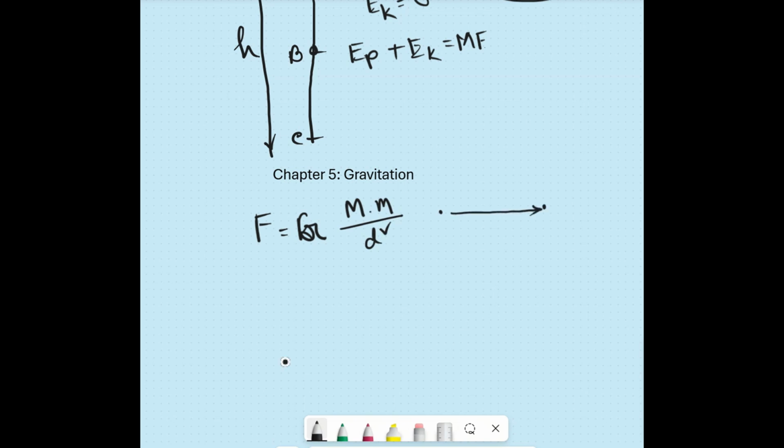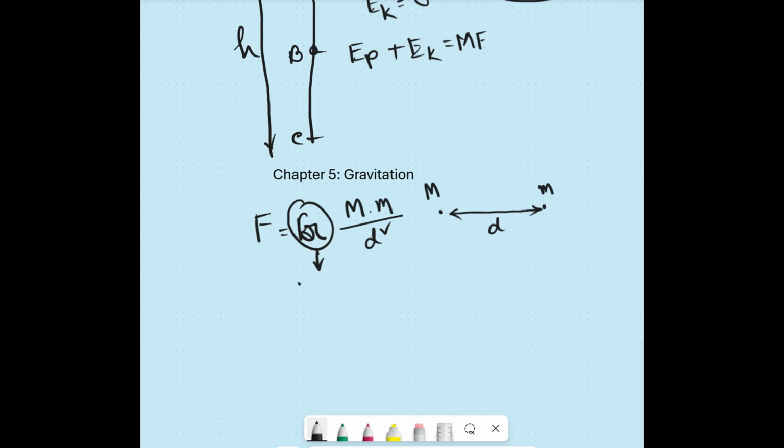Between these two objects, one will have a mass M and another small m, you can also write m1 and m2, same thing. The distance between these two objects or two particles is d, and G is the constant.